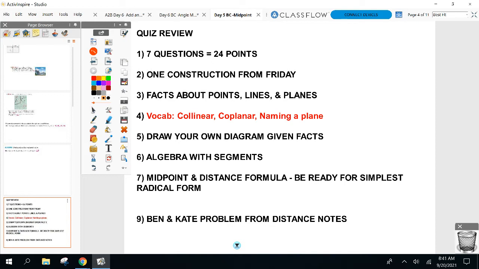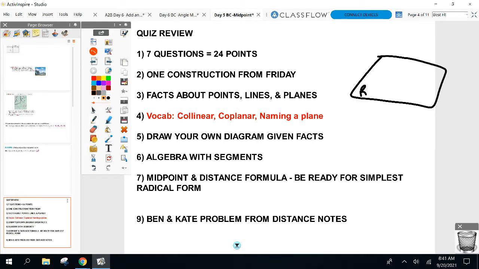Draw your own diagram given facts. What do I mean by that? Let's say there's 3 lines in a plane, and this is not what's on the quiz, but an example. You guys did this on your homework about a week and a half ago. You got a plane R, so you got to make sure I know how to draw a plane. If it's called plane R, put the capital letter in the corner.